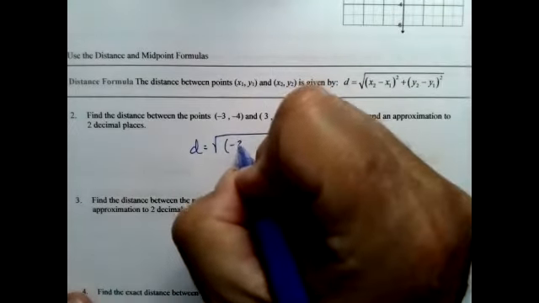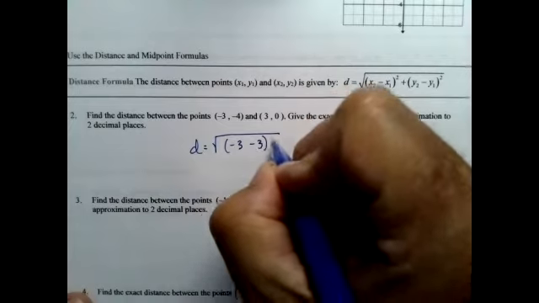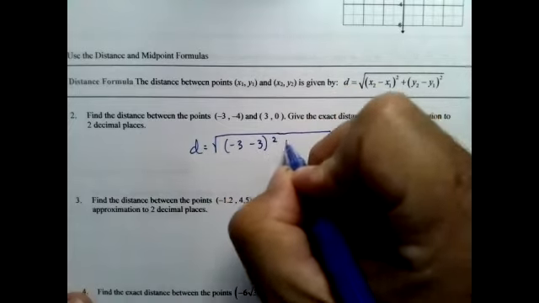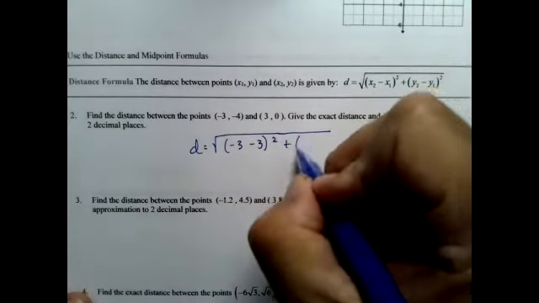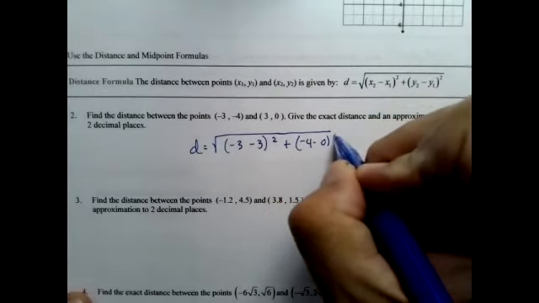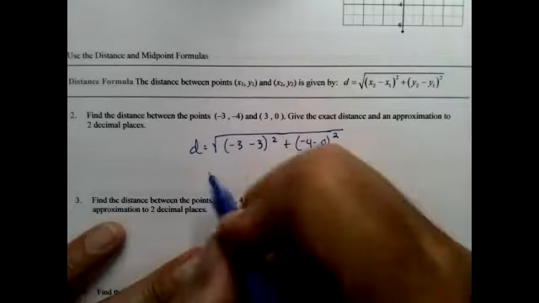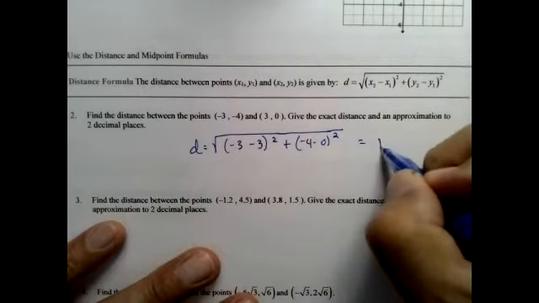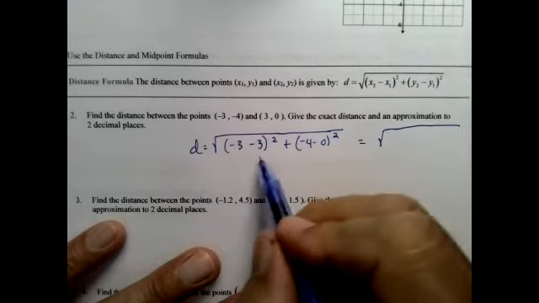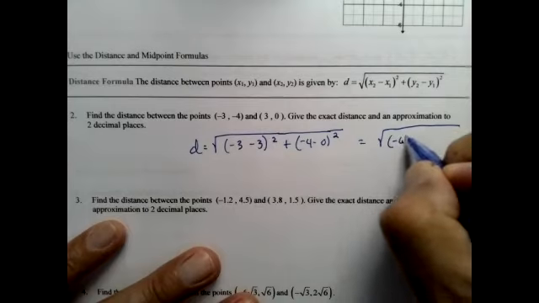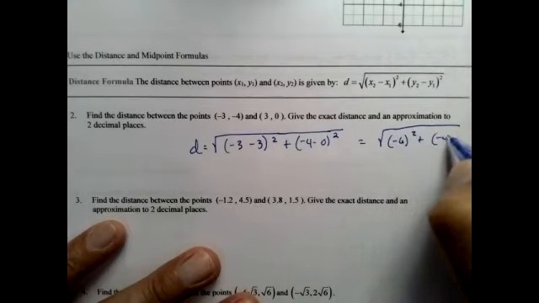Oh, -3 minus 3 squared, because remember it was x minus x squared, plus y minus y squared. Let's limbo a little lower now. -6 squared plus -4 squared.